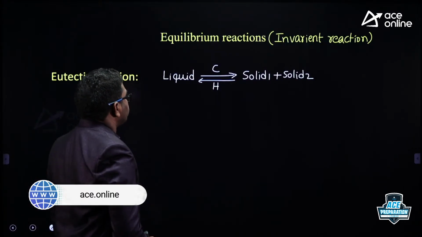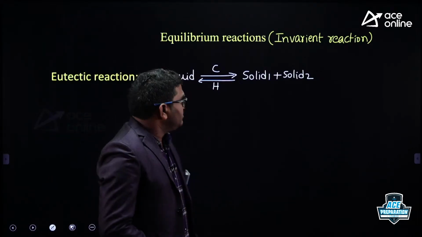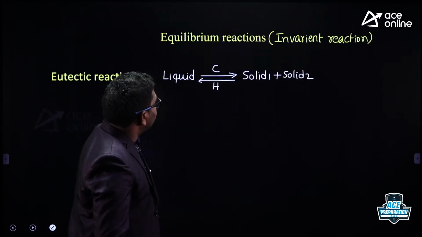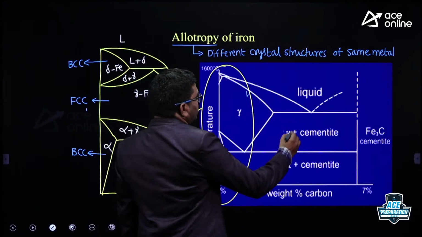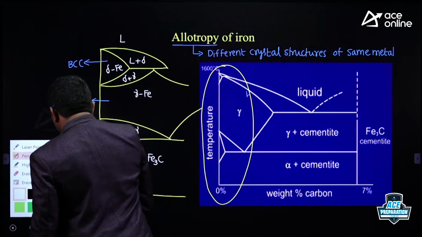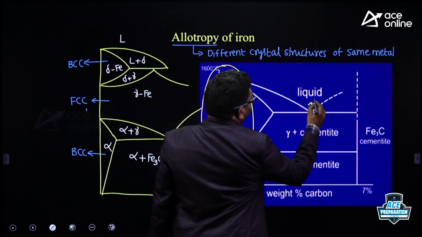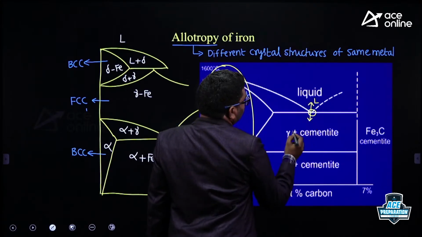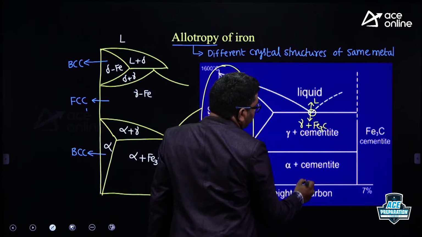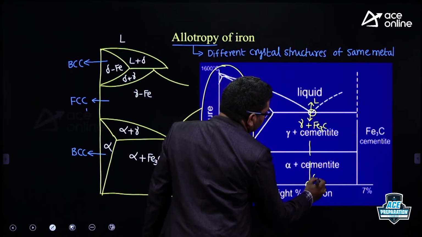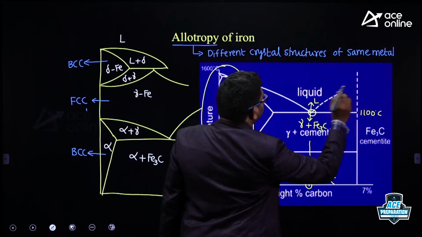Actually, this reaction is present in iron cementite phase diagram at 4.2% of carbon. If you see the diagram here, at this point this reaction takes place. Above this point the material is liquid, below this there are two solid phases, gamma iron plus cementite. The percentage of carbon here is actually 4.2% and some 1100 degrees Celsius.